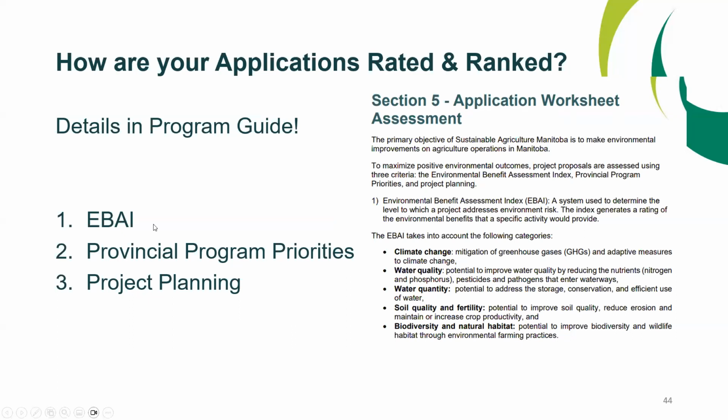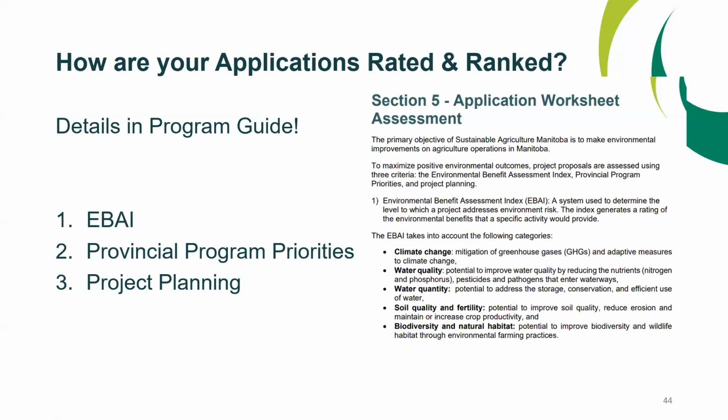The first area is what we refer to as the EBAI. EBAI stands for Environmental Benefit Assessment Index, and this is a system that is used to determine the level to which a project addresses environmental risk. So the index automatically generates a rating for the environmental benefits that any specific activity or BMP would provide.